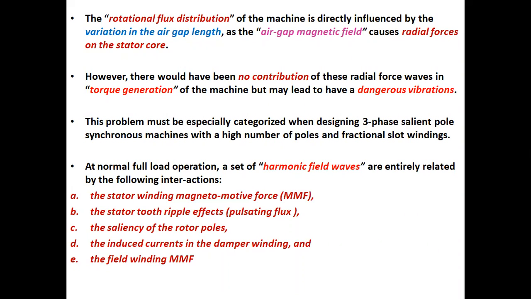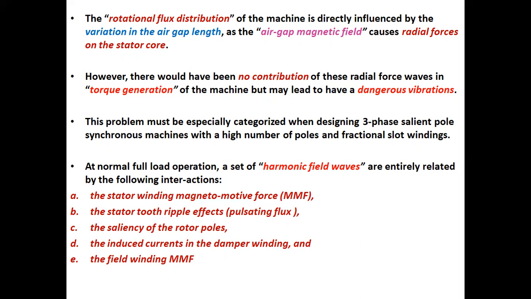The rotational flux distribution of the machine is directly influenced by the variation in the air gap length, as the air gap magnetic field causes radial forces on the stator core. These radial forces make no contribution to torque generation of the machine, but may lead to dangerous vibrations.